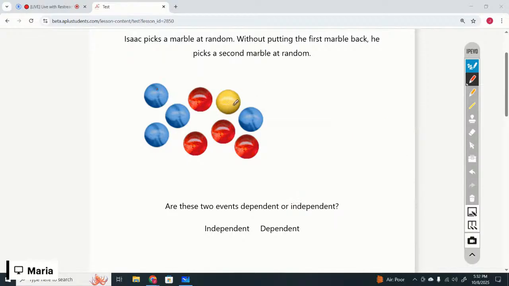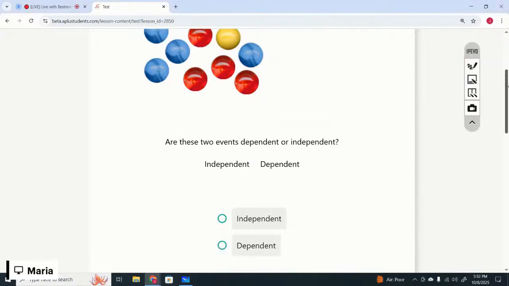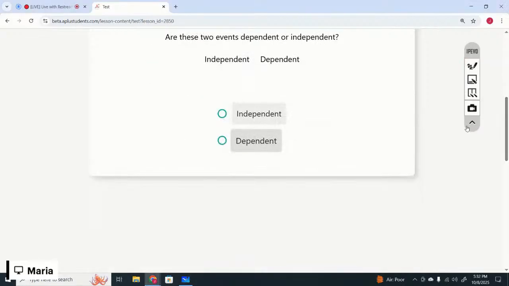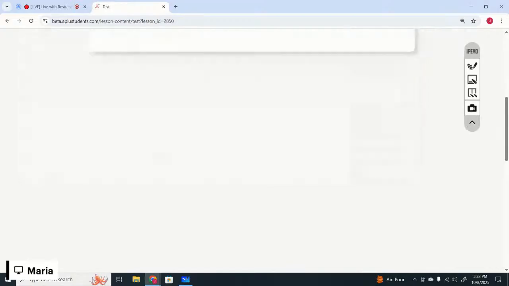For the first event, there are 9 marbles, right? When you pick the first marble, we have 9 marbles here. But for the second time, you have one marble less than the first time. So they are dependent events. Option number 2 is the correct option.